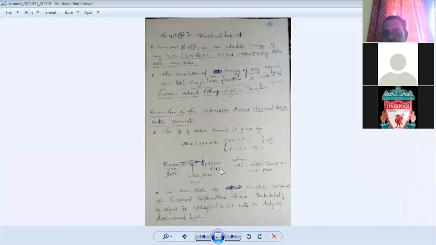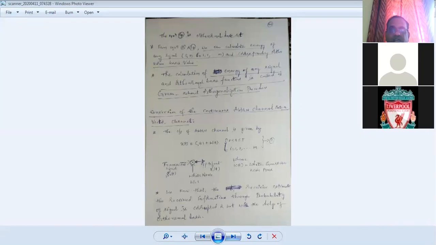Similarly, we have the output signal x1 of t, x2 of t up to xn of t. That means s1 will be mapped to x1 of t with the help of basis functions. So the output is also concerned with the basis functions.